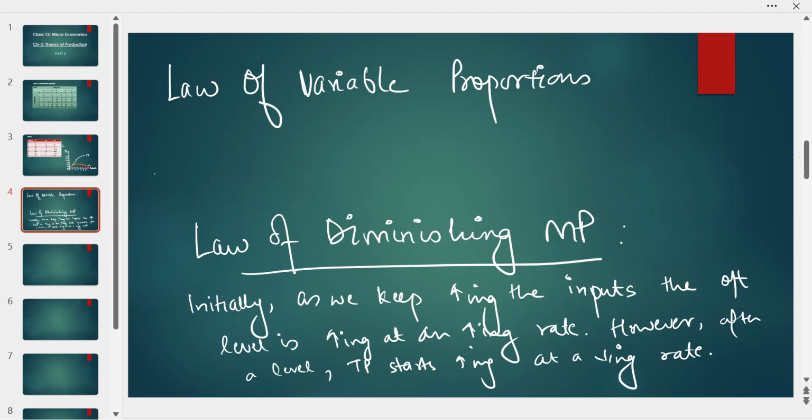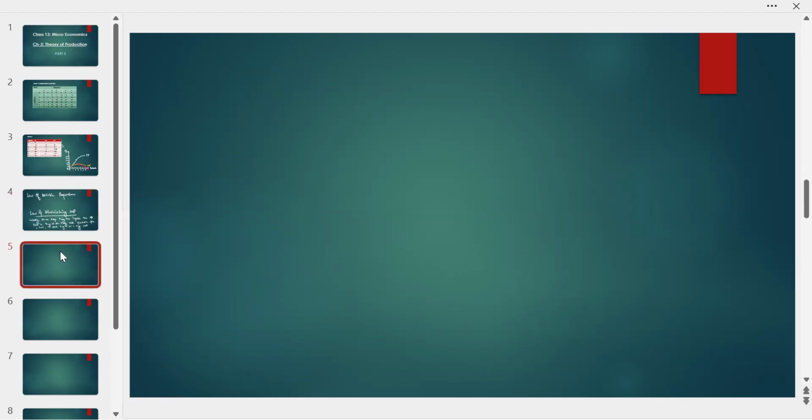So this is what is happening: the marginal product, the return, the output, more output is not being able to be generated from adding more units of labor, right?